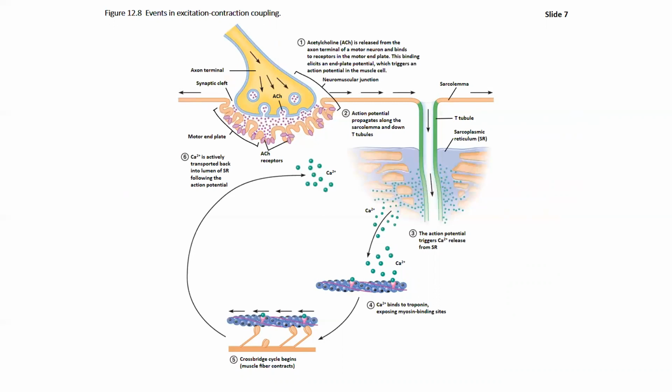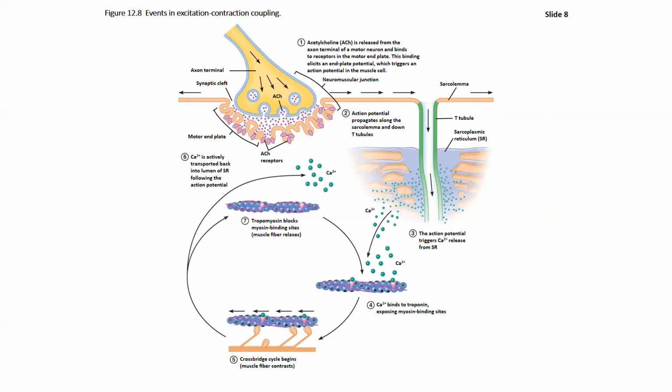So there's a calcium pump which actively transports calcium from the cytoplasm in excess back into the sarcoplasmic reticulum where it can be stored for the next muscle contraction. And as a result of that calcium being pumped back into the sarcoplasmic reticulum, troponin now doesn't have any calcium bound to it.